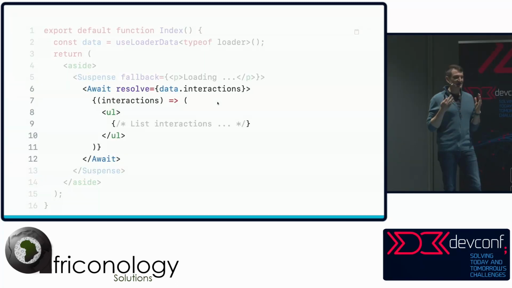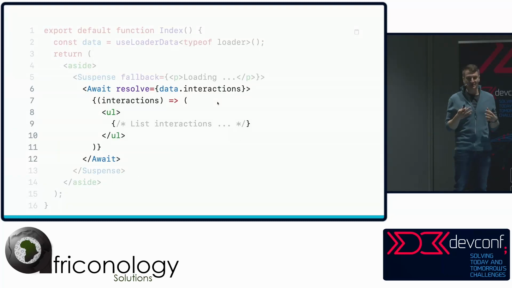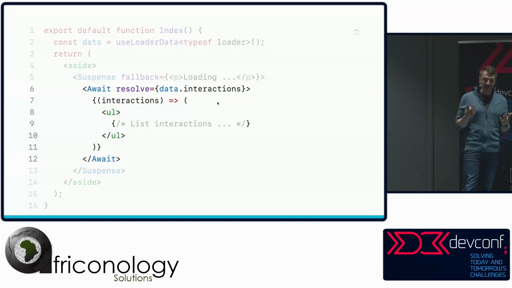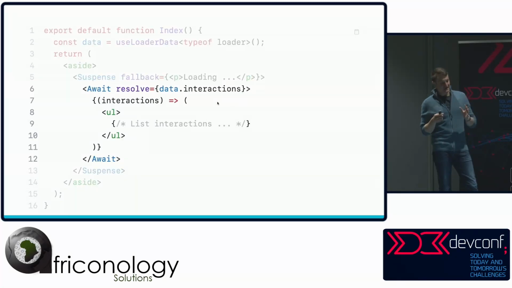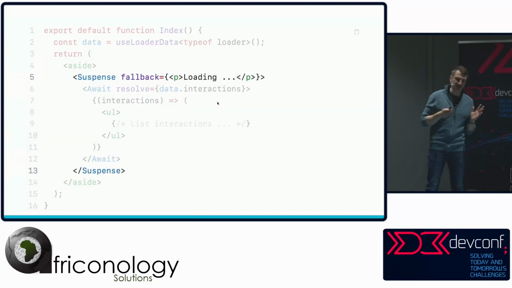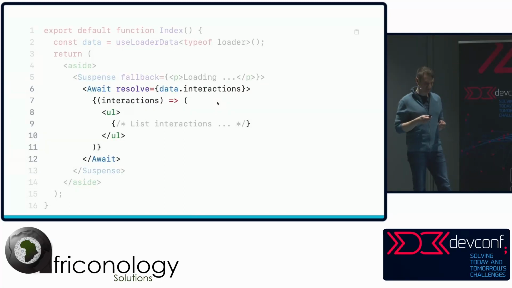And then we have an Await component provided by Remix, which we can pass a promise, and then we await the promise, and when it is finished, we show the content. And in the meanwhile, we show the loading spinner as declared in the Suspense hook.